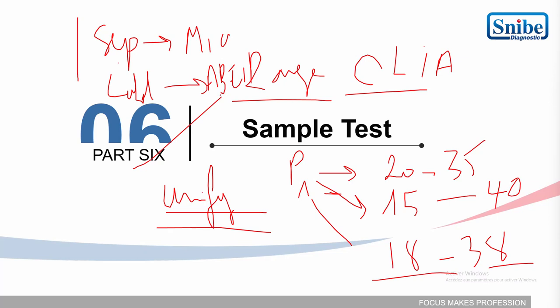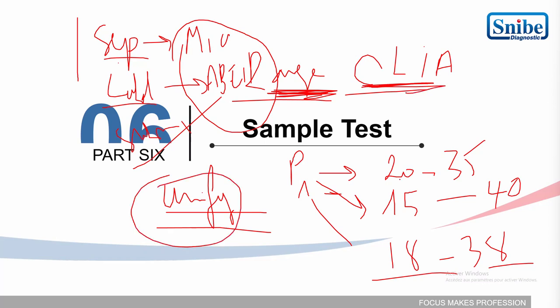So different materials are used by different manufacturers. This is why the separation, the labeling, and also the substrate are different. So different material means different range for the CLIA. We cannot unify all the ranges for the different manufacturers.